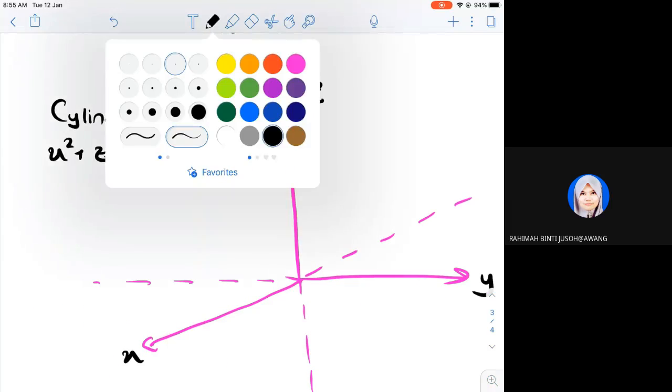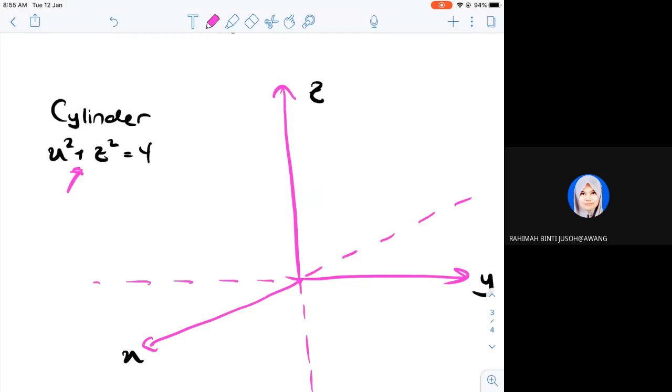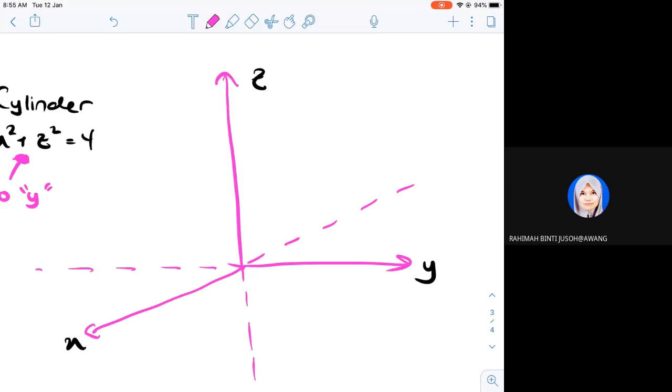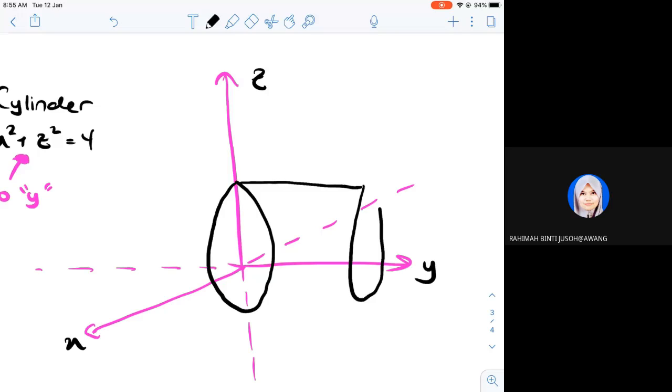Okay. We don't have Y here. So this cylinder must be parallel along the Y axis. So let's say we have this. Okay. And then I have it like this. So that's the cylinder parallel along the Y axis.